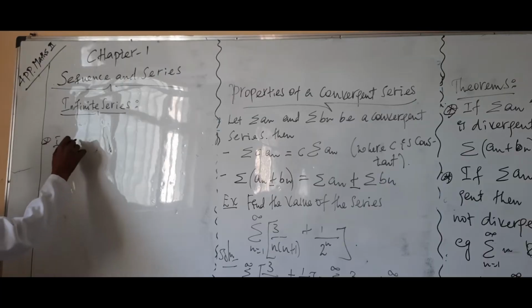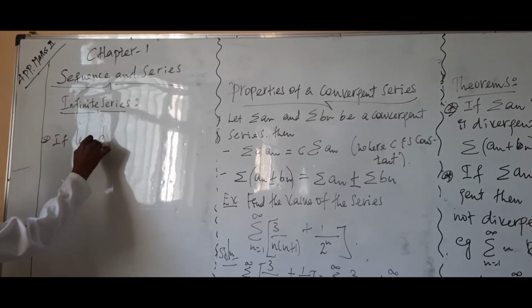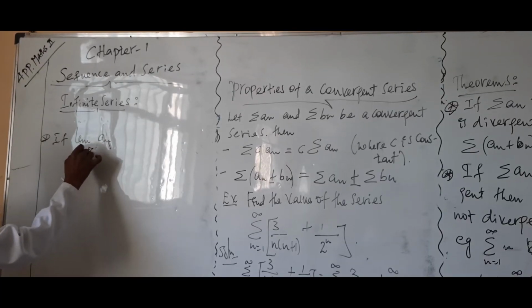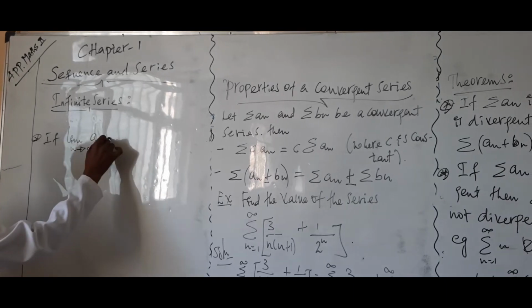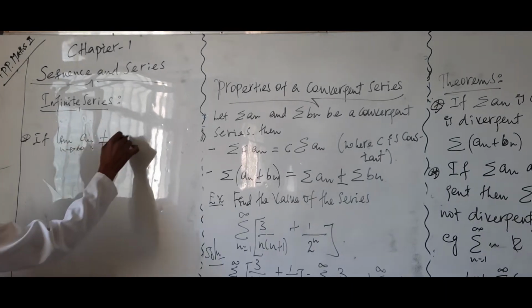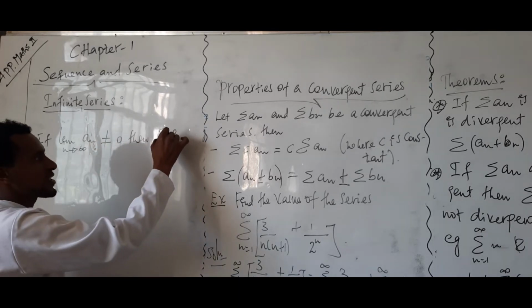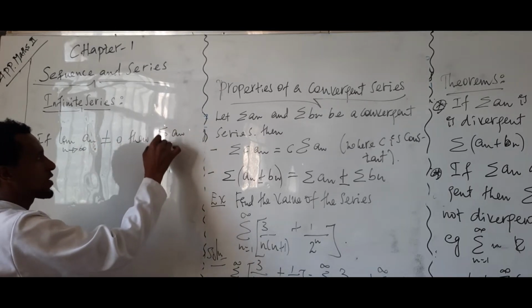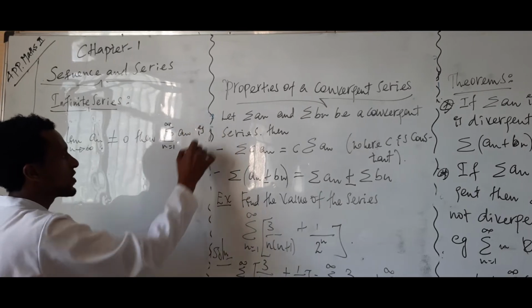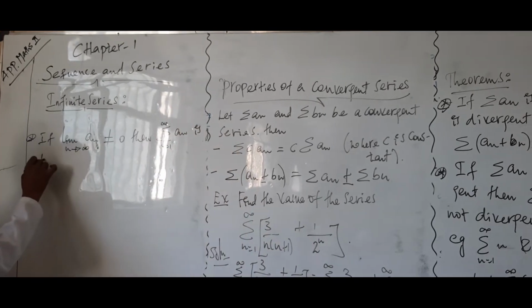If the limit of an as n goes to infinity is different from 0, then we can say that the sum of an from n equals 1 to infinity is divergent.